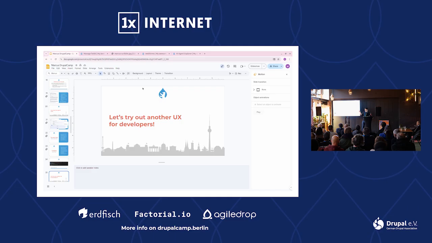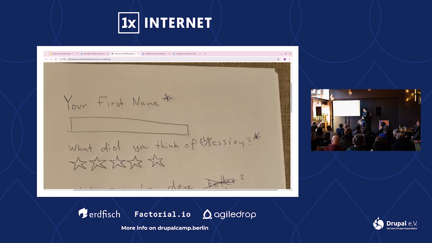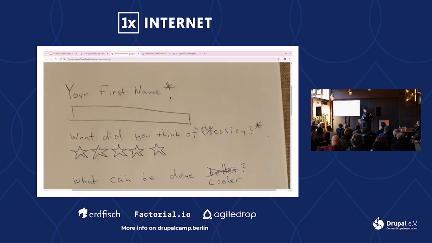So I wanted to showcase something where we take something very unstructured. What I did yesterday when I was creating the presentation, you can't see this now, but I guess you can see it here, I just scribbled down a web form. So we have a web form agent that you can basically chat with to create web forms, where I just scribbled down some stuff like your first name.